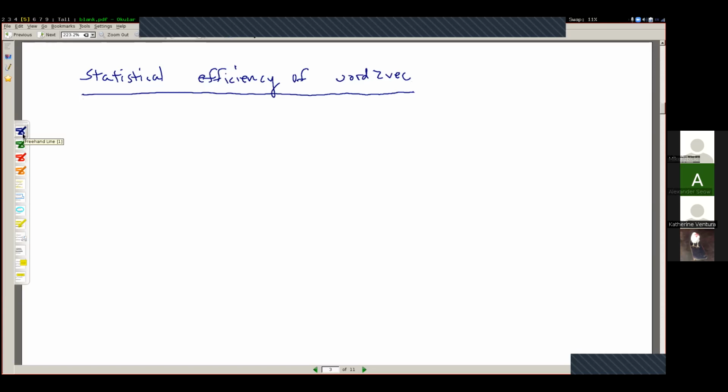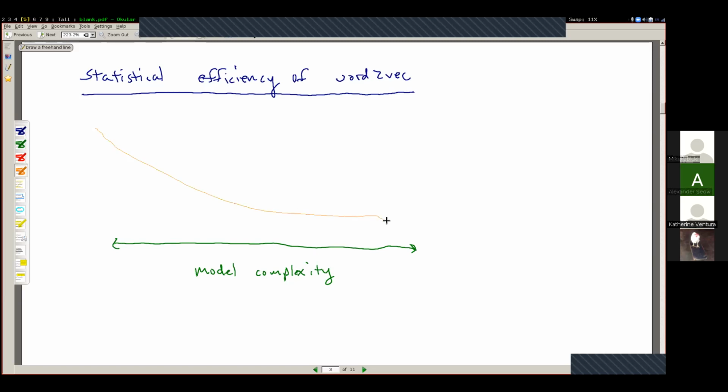And so I'm going to draw the same graph I've drawn many times. If there's one thing that you take away from the course, it should be this graph right here. On the x-axis we're talking about model complexity, and then on the y-axis we have things like the training error.